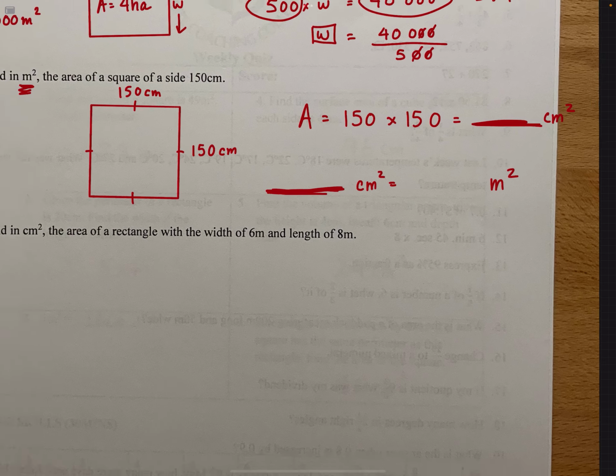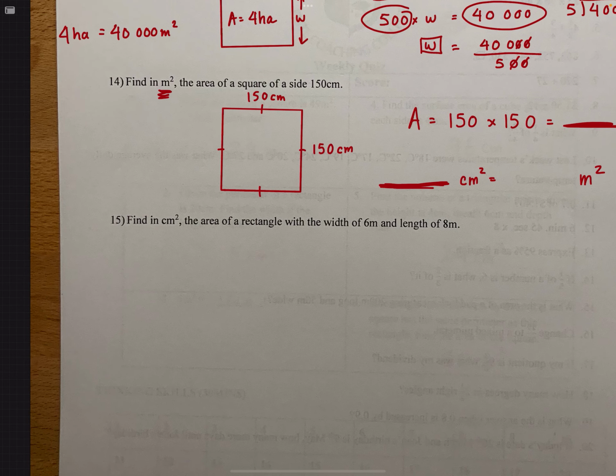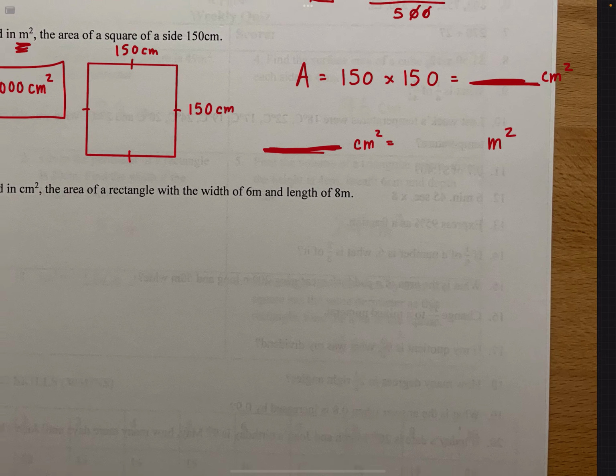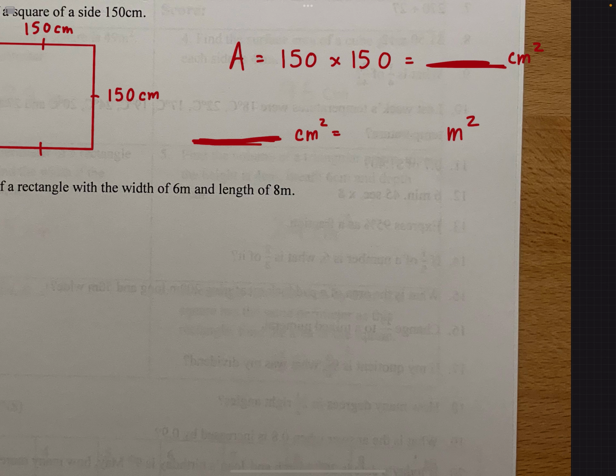How do we convert it to meters squared? Well, we need to understand that 1 meter squared is equal to 10,000 centimeters squared. Remember this. So whatever answer you get for this part, and you want to convert it, you're going to have to divide it by 10,000.